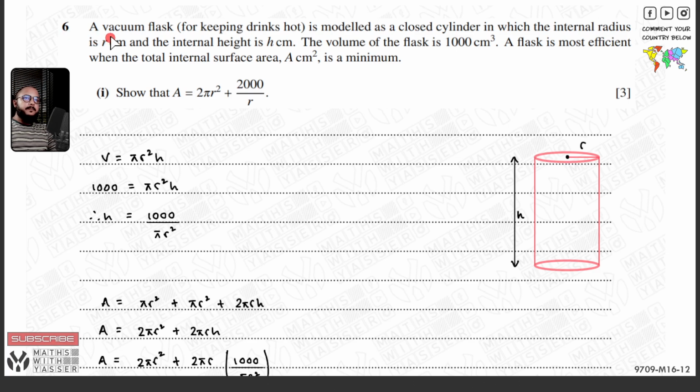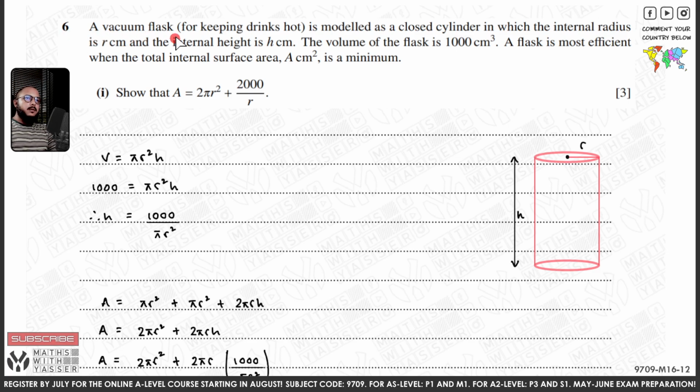Question number 6. A vacuum flask for keeping drinks hot is modeled as a closed cylinder in which the internal radius is r centimeters and the internal height is h centimeters. The volume of the flask is 1000 cm cubed. A flask is most efficient when the total internal surface area A cm squared is a minimum.